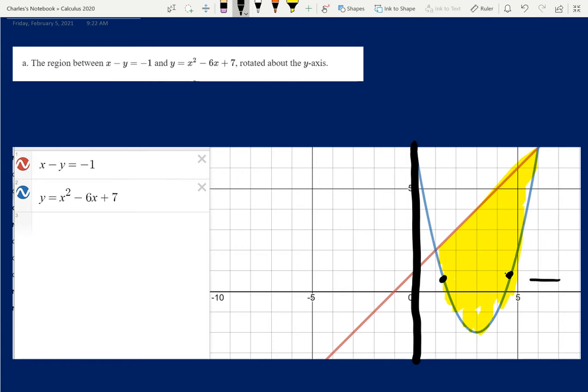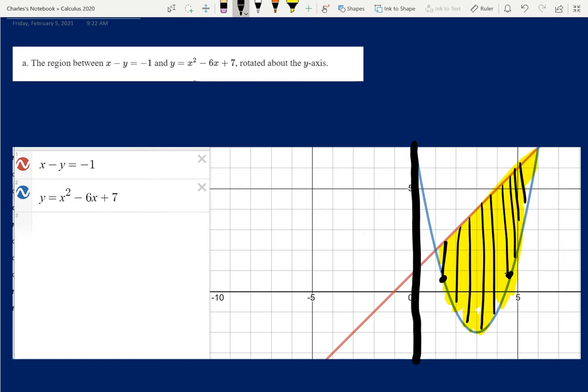However, because I noticed that, this is the situation where you would want to use cylindrical shells. When you're using cylindrical shells, you're picturing each of these cross sections, when you rotate this thing around, forming a cylinder. So this would be an empty cylinder, right?